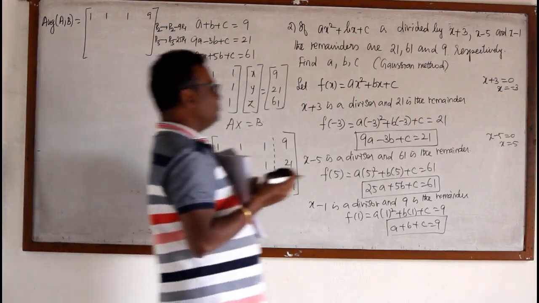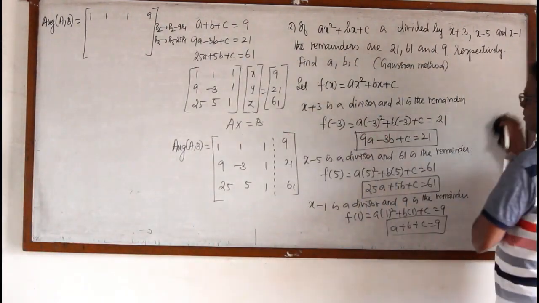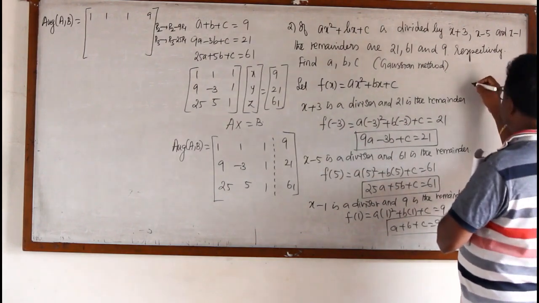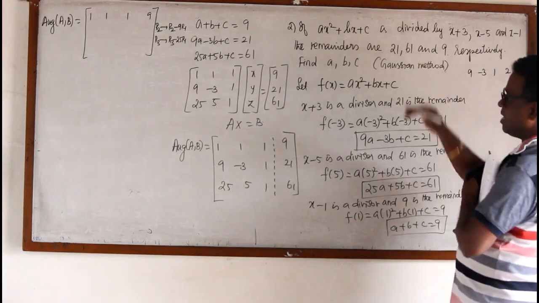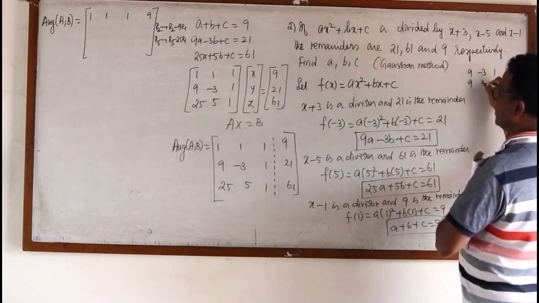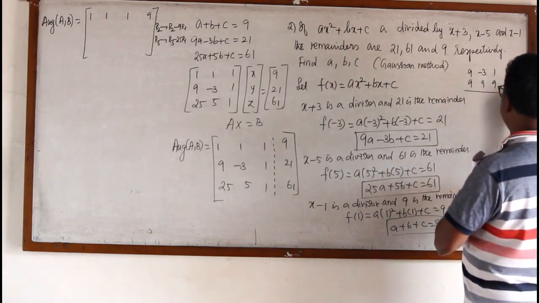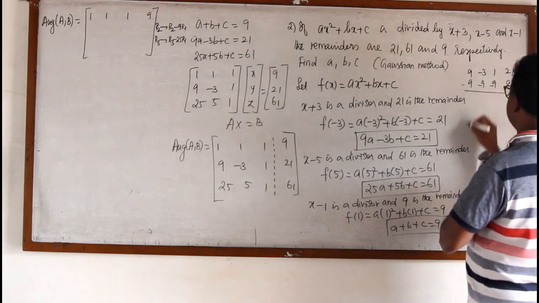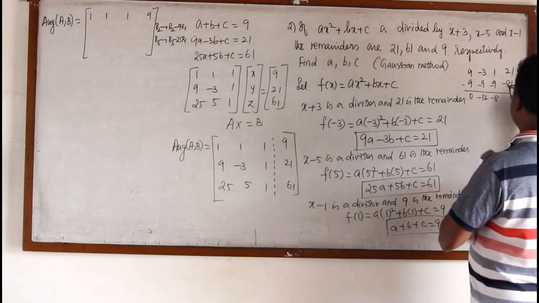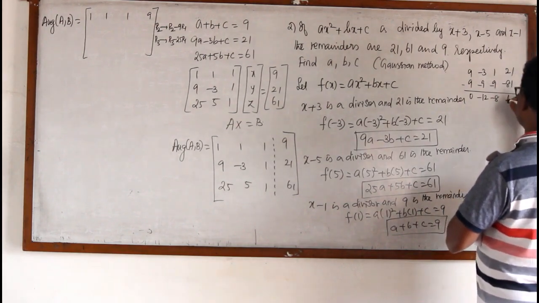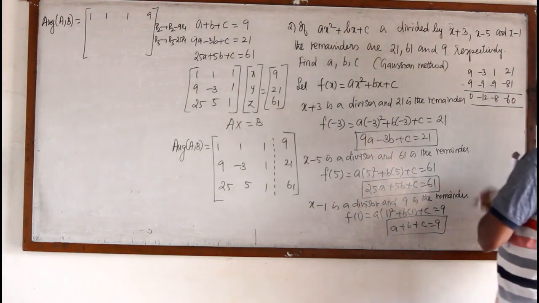Shall we write here? That is R2 as it is 9, minus 3, 1, 21. Multiply R1 by 9: 9, 9, 9, 81. Minus, minus, minus: 0, minus 12, minus 8, minus 60.